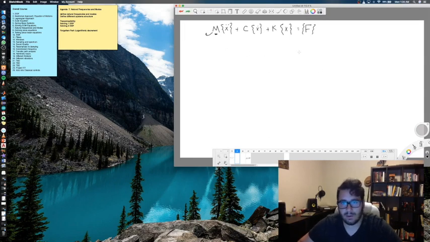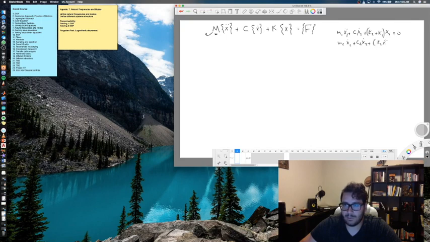So I'm just going to write some equation. m1 x1 double dot plus c1 x1 dot plus k2 plus k1 x1 equal to 0, and then m2 x2 double dot plus c2 x2 dot plus k2 plus k1.